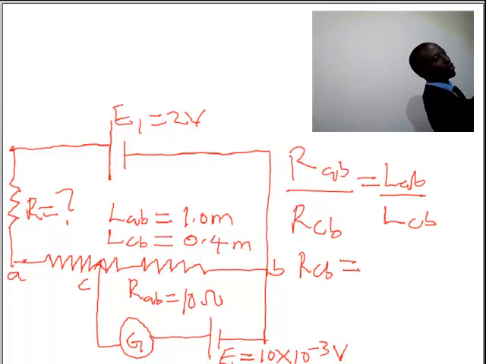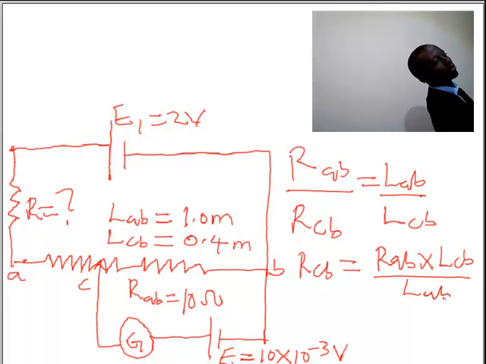RCB will now be equal to RAB multiplied by LCB divided by LAB.